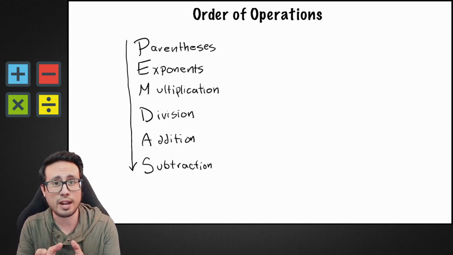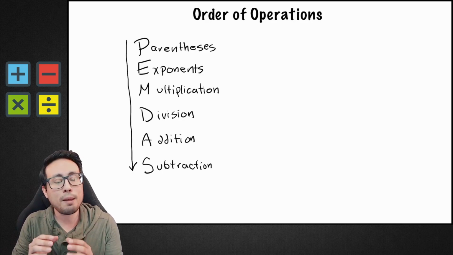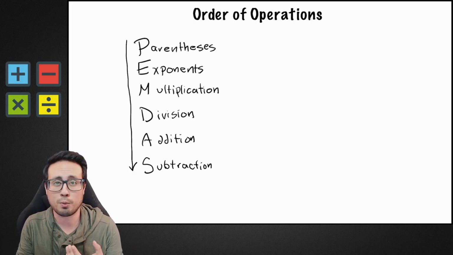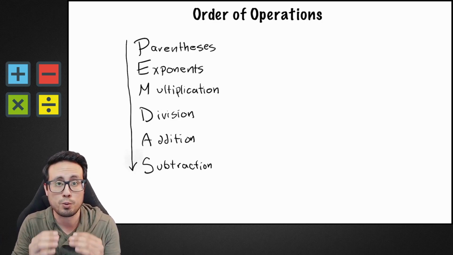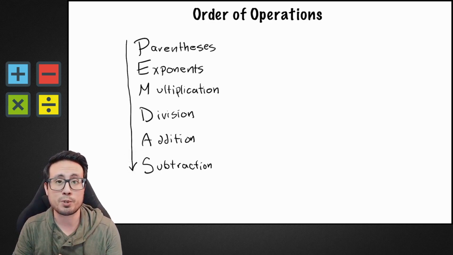Now, I do want to point out, multiplication and division are opposites of each other. So what that means is that it doesn't matter what order you do them in. You can divide first or multiply first, and then divide. It doesn't matter what order you do it in, as long as you're only multiplying and dividing. And then once you're done with that, you can go on to addition and subtraction.